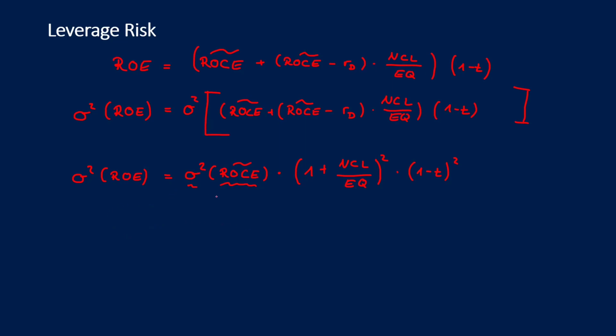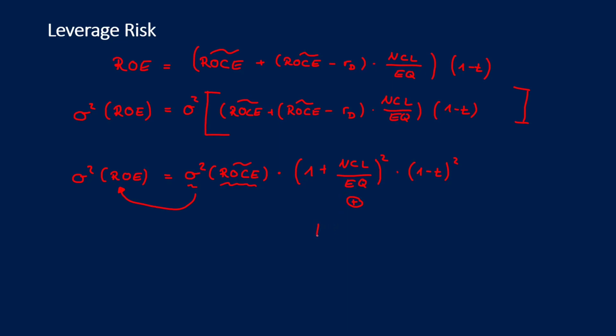And obviously this variance drives the variance of the return on equity. But there are a few parameters that also drive the variance of the return on equity, and these are constant. They are not varying on their own. And what do we see here? We see 1 plus the leverage ratio. The leverage ratio is 0 or positive. So we multiply the variance of ROCE with 1 plus a positive number squared.